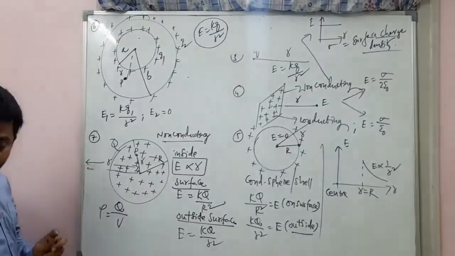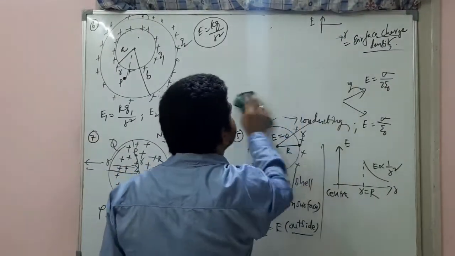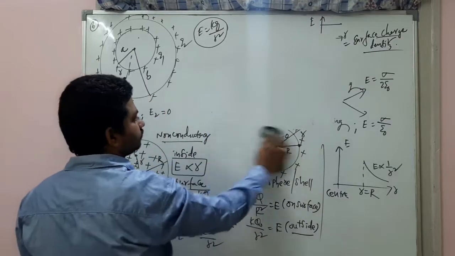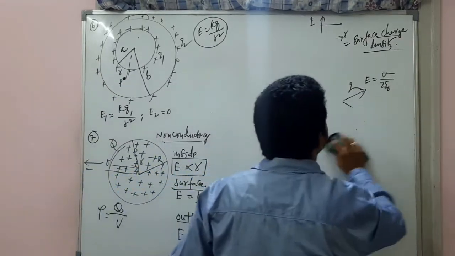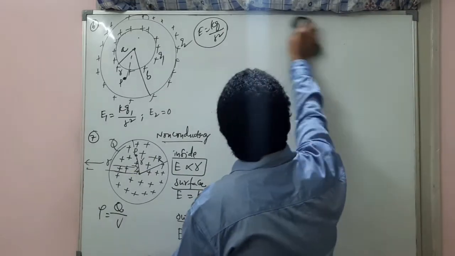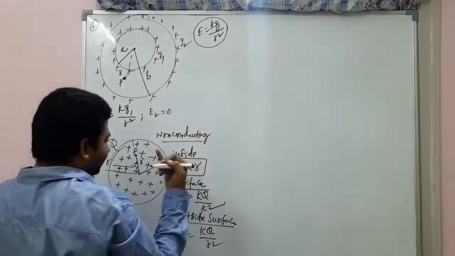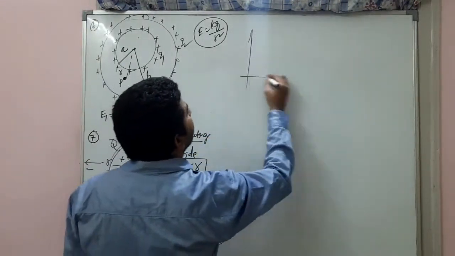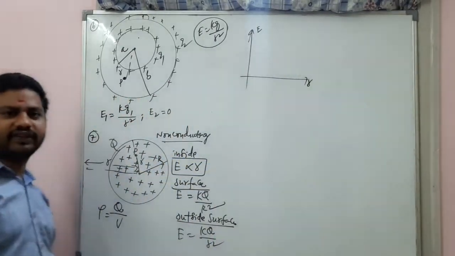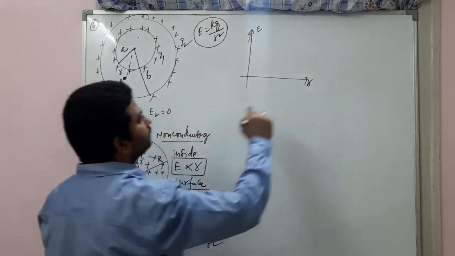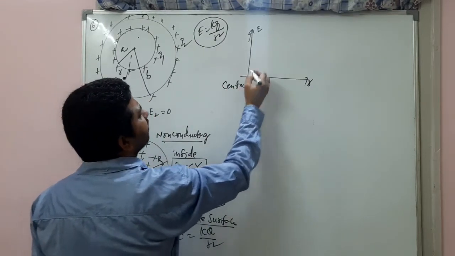If I draw the graph for this, look here, students. This is E and this is r. For the same, the graph is like this. This is the center, and the graph will be like this.